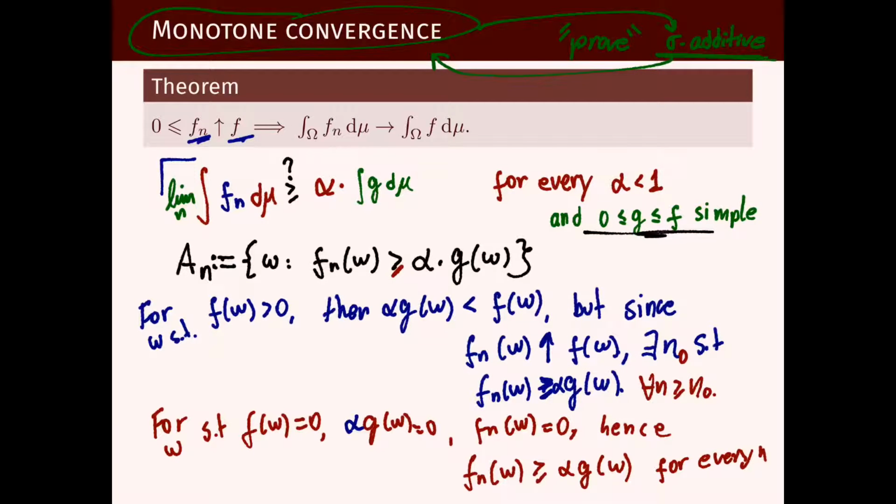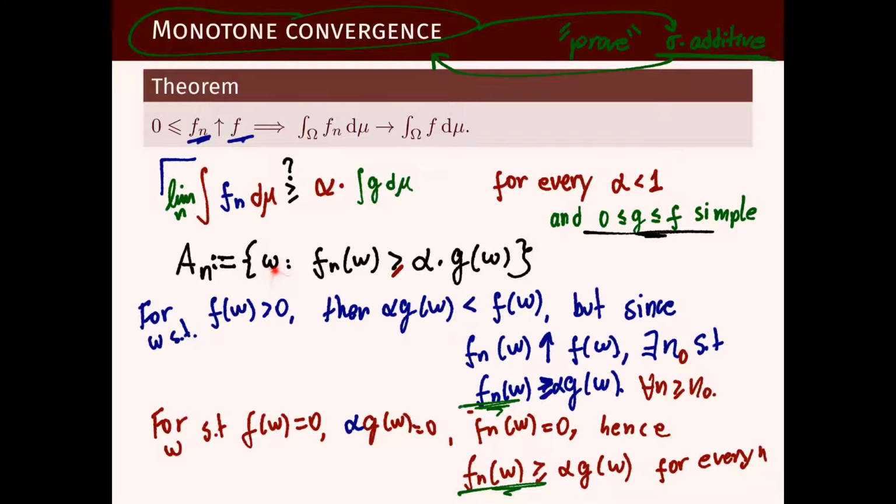So in both cases, we have this set here for all n large enough, Fn will be larger than alpha g. All this argument is just to say that this sequence of sets is obviously non-decreasing, because these functions are increasing more and more.